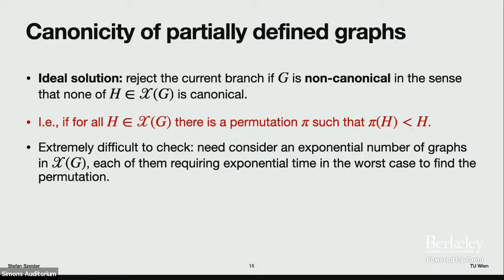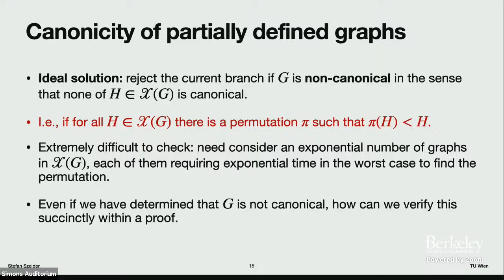Therefore, it's kind of hopeless to do this as it stands here. And even if we had it, it would be problematic because we can't have a certificate. If you later on want to give a proof why, let's say, no counterexample exists, and we use a lot of these minimality checks, then they can't be represented directly by some kind of certificate.